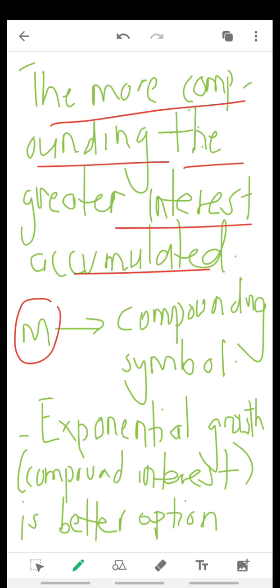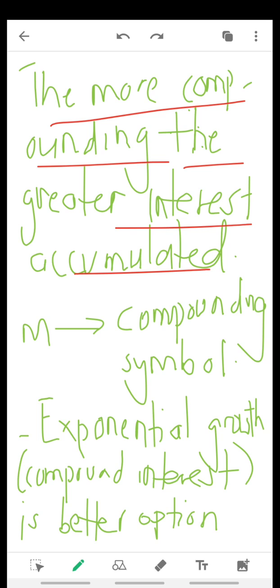I've already explained M is the symbol for compounding, and we've also spoken about exponential growth, which is compound interest. Okay, and another thing that I want us to talk about is which option would be best if you were to put your money in the bank.